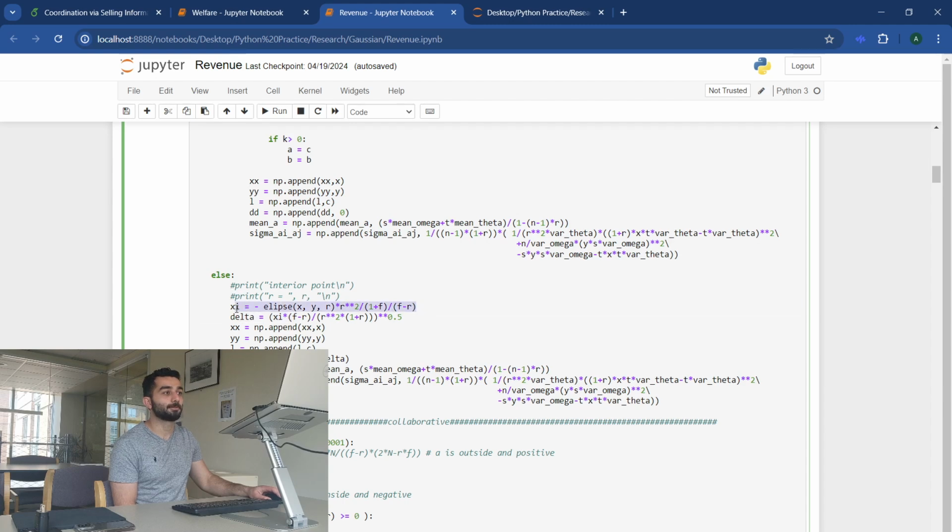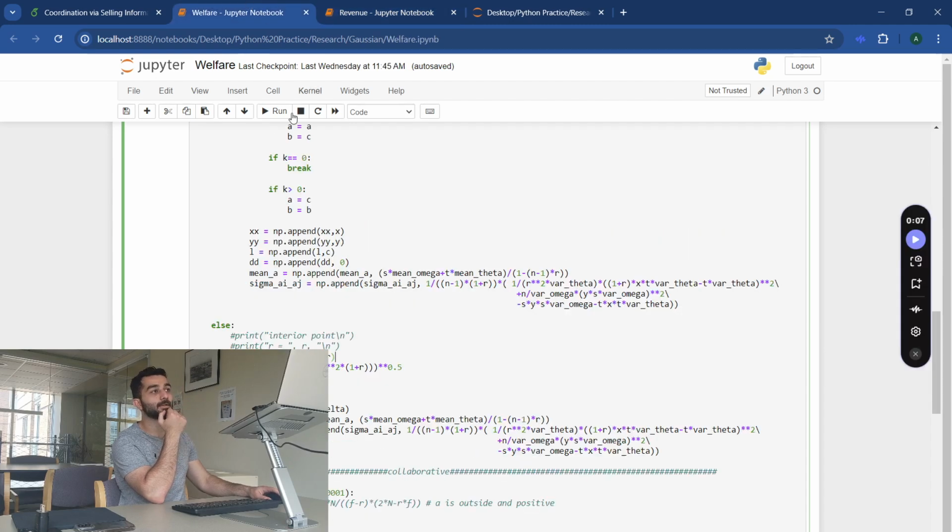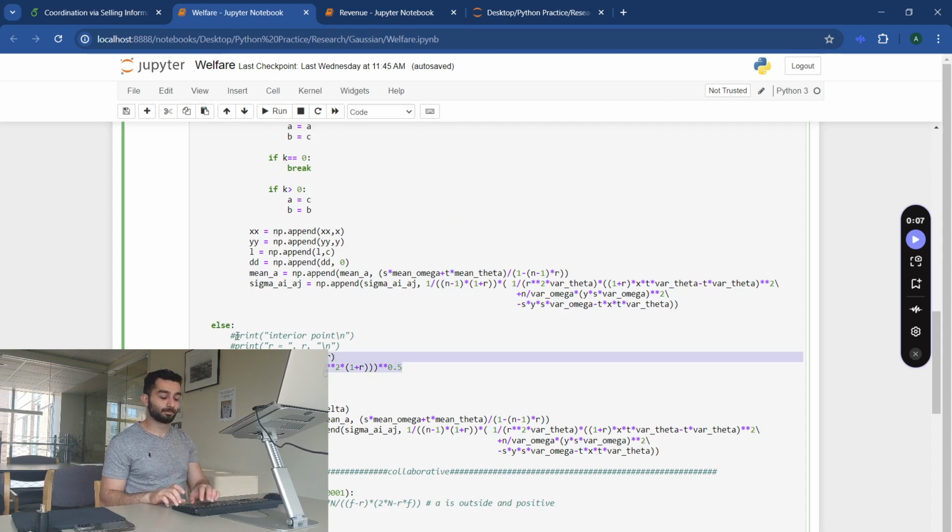Is it the same for welfare and revenue? The ellipse formula for both are the same. Exactly. Yeah, the delta formula should not change.